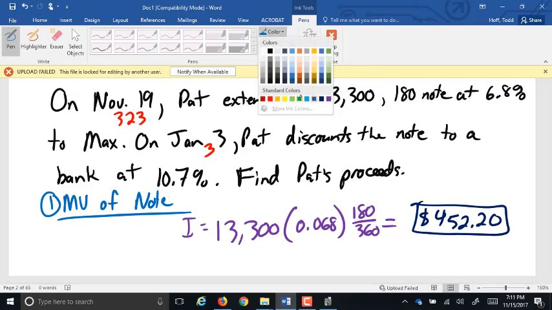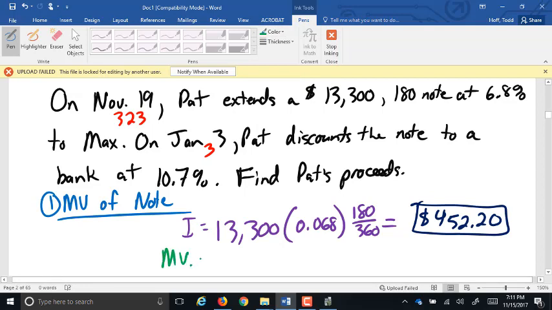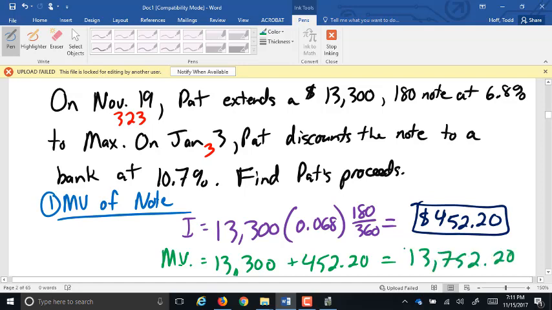So then the maturity value: we take the 13,300 and we add the 452.20, which is 13,752.20. That's step one, finding the maturity value. Interest and add it to the principal.